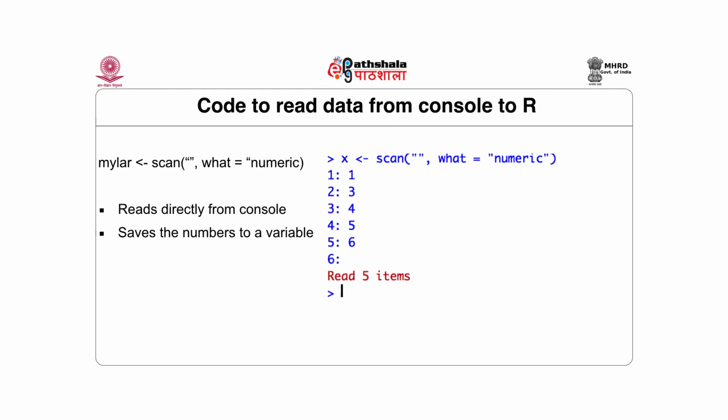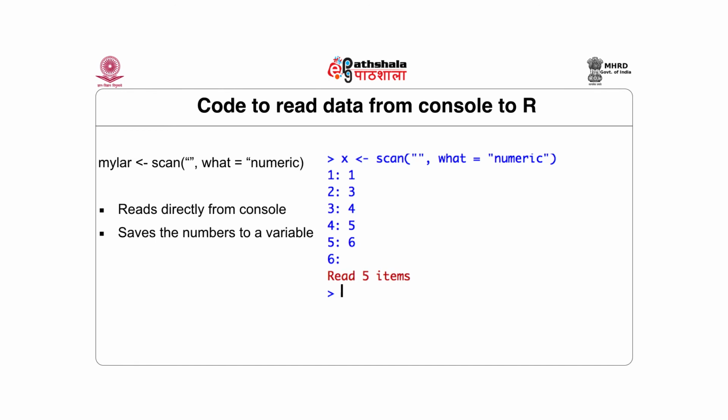So I left it as a console, and then I have specified what it is that R is going to read. It is somewhat intuitive. It is probably not very academic, but you see that there is a parameter called what, and I have specified that it's going to have numeric variable in it, and I've closed that bracket.